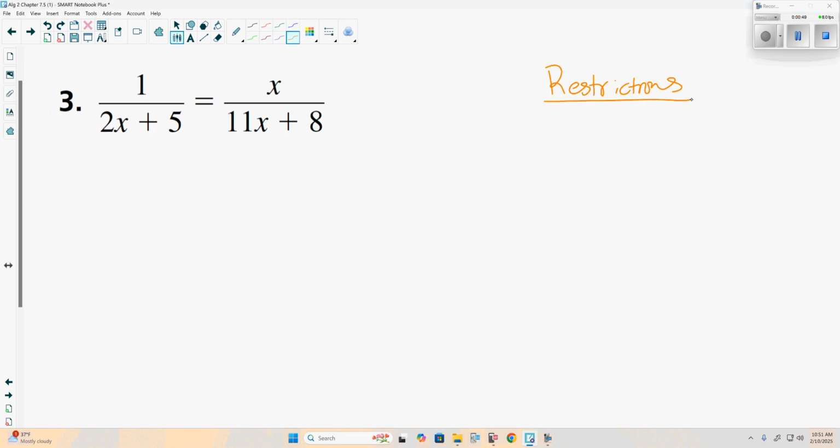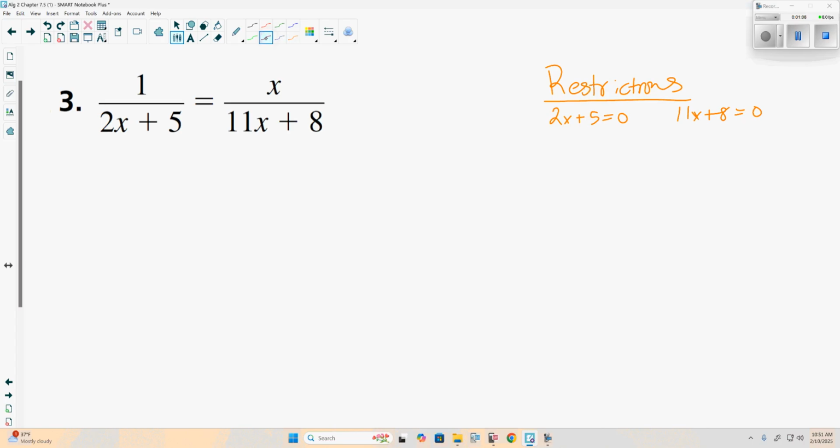Because our restrictions are going to be whatever is going to make the denominators be 0. Now in this case here, we have two places where we could have a division of 0: 2x plus 5 and 11x plus 8.